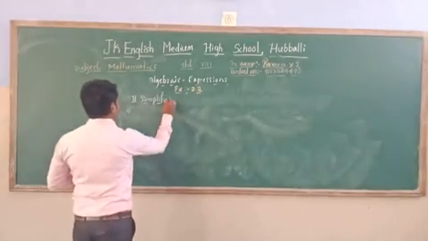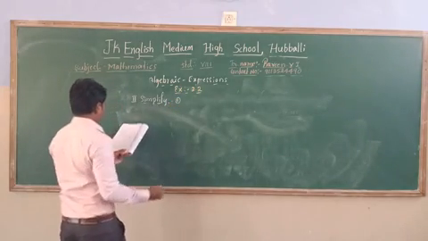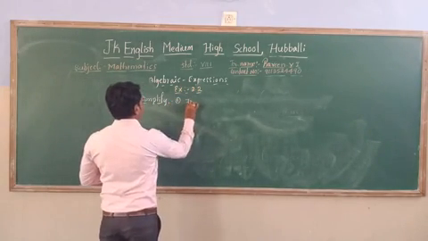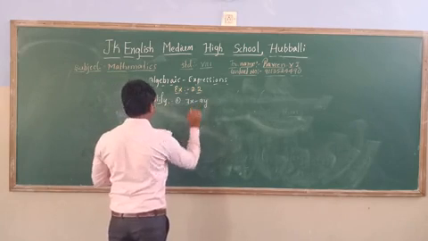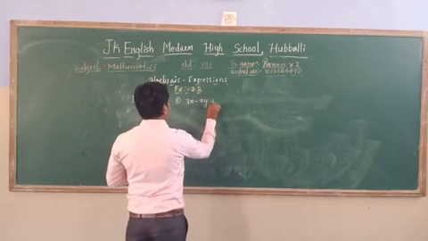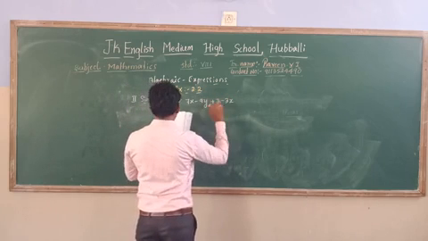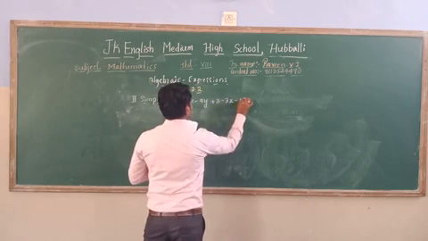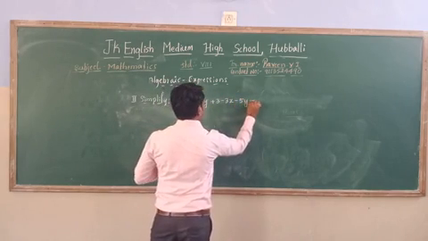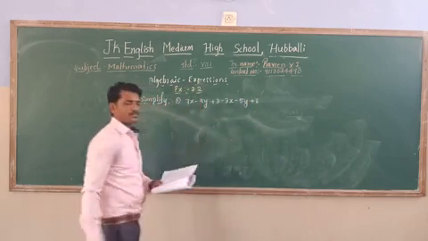So here, question number 1: 7x minus 9y plus 3 minus 3x minus 5y plus 8.